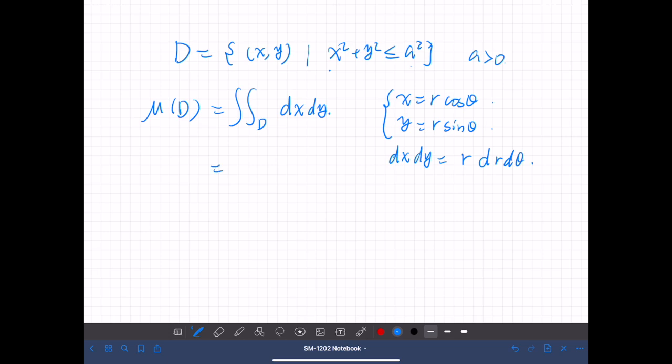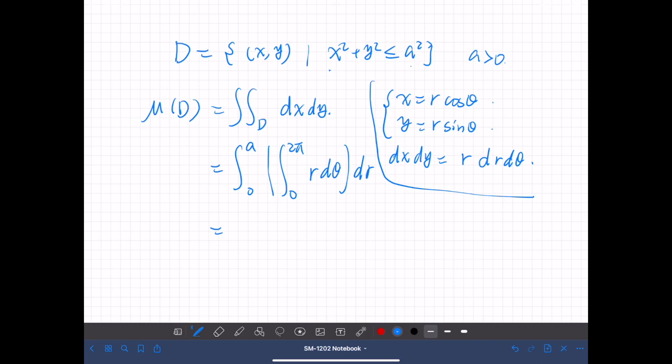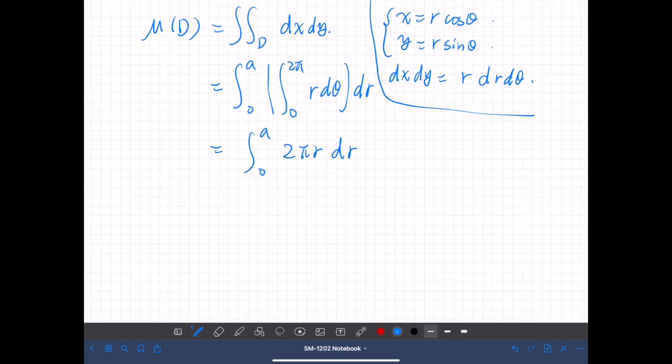So this will be the integral from 0 to a and 0 to 2 pi of r d theta dr. So that is 2 pi r, and that is pi r squared, and pi a squared. So that's the area of the circle.